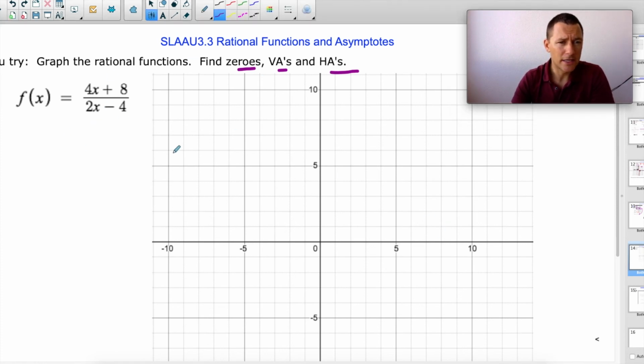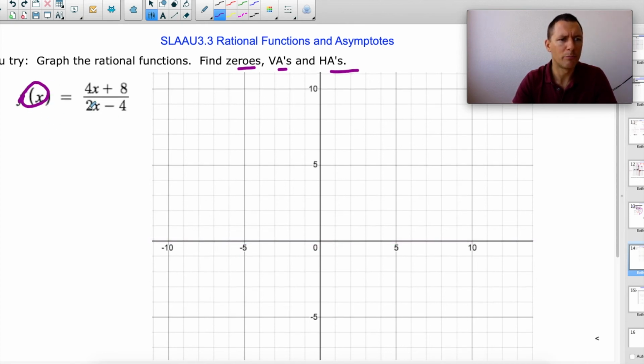So the x-intercept happens when y is 0, so let's make this 0. We would multiply both sides by the denominator, and it would cancel out, so you'd really have 0 equals 4x plus 8. Subtract, divide, you'd get x is -2. So x is -2, that's our x-intercept.